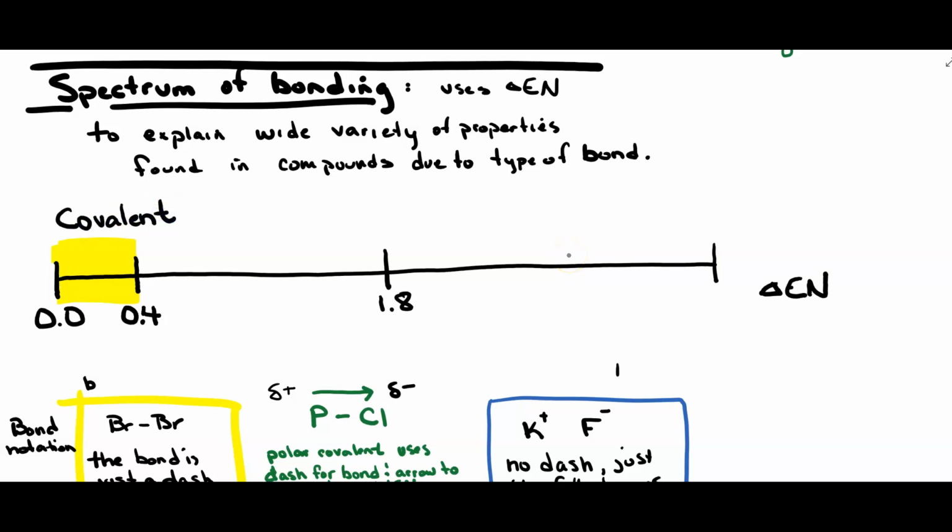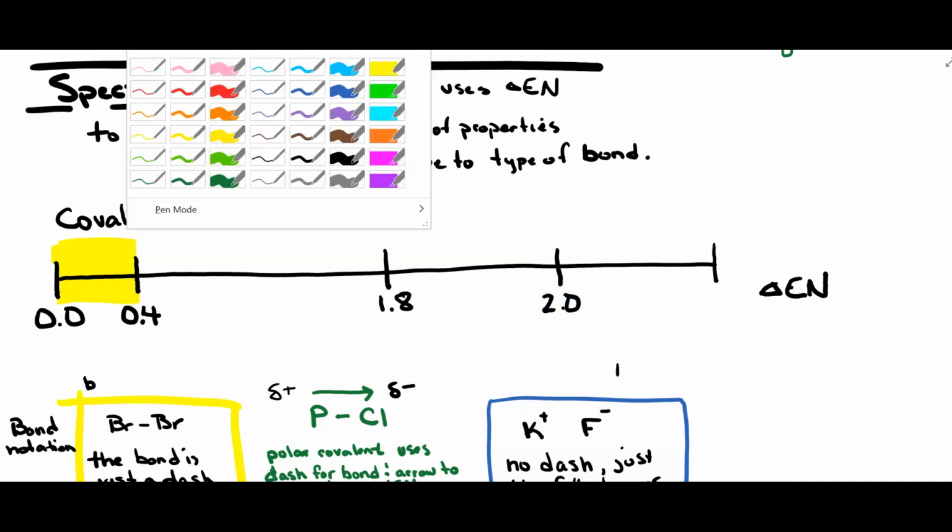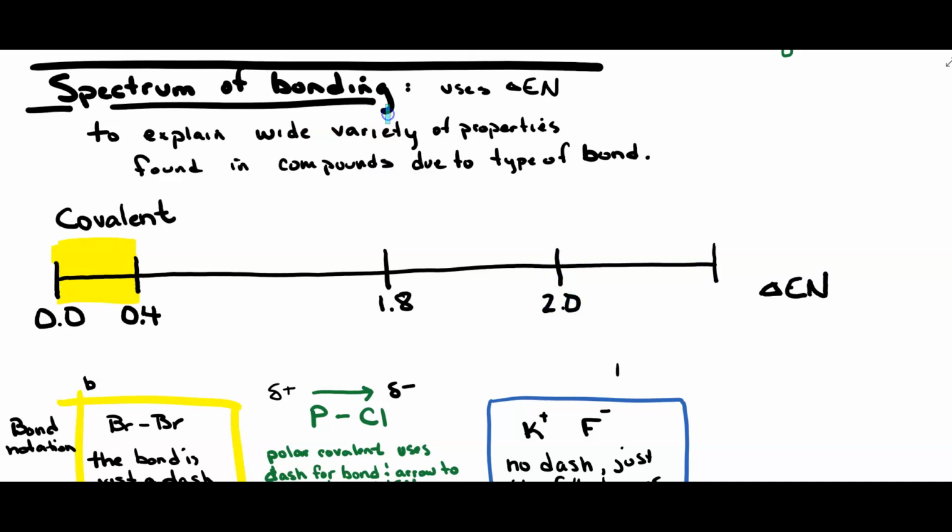We're going to have another cutoff. We're going to call this 2.0. And anything in this region, we're going to have completely ionic bonding.